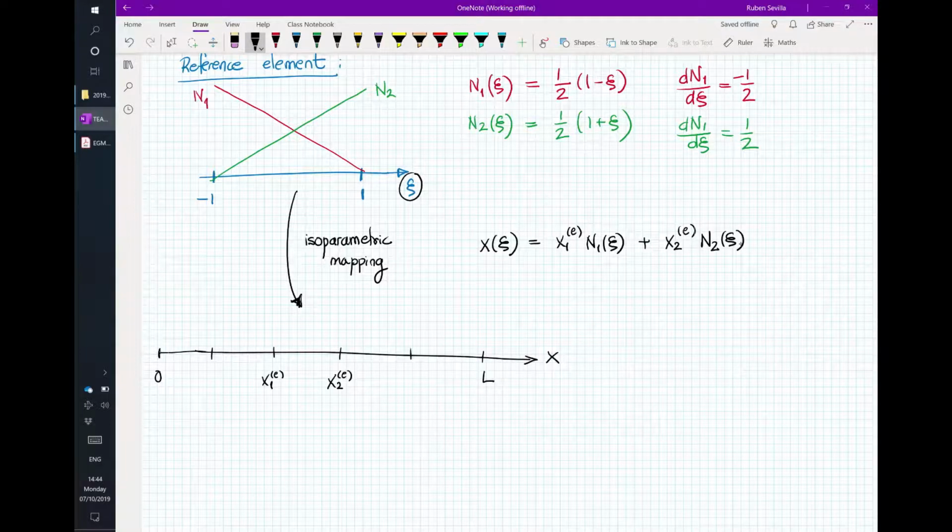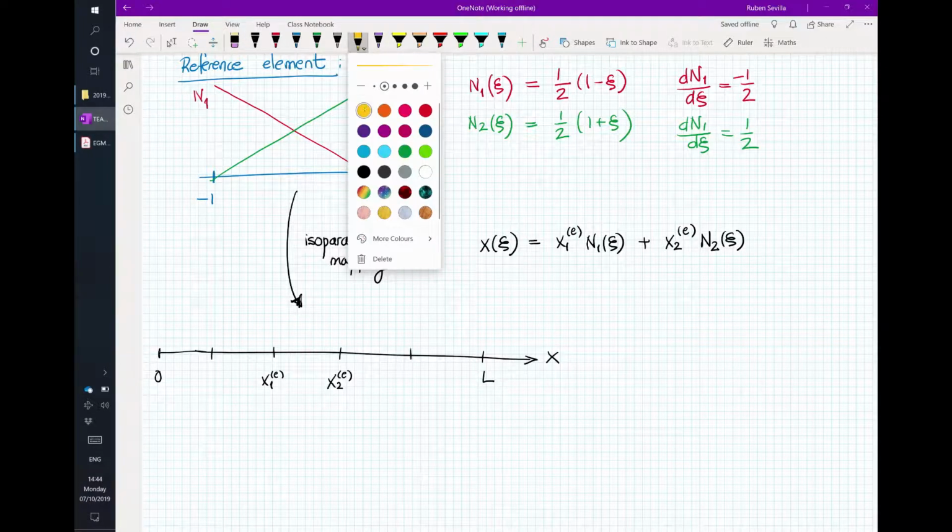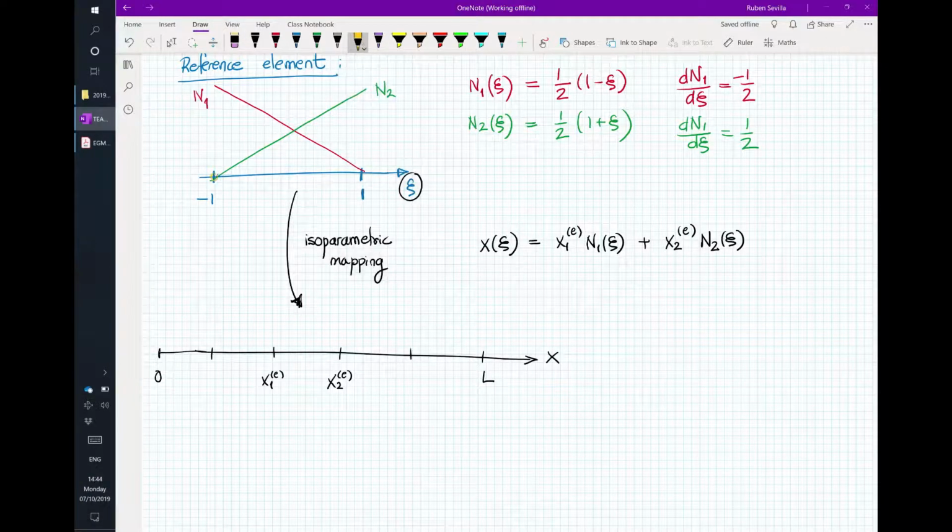Think what happens with this mapping, with this transformation or change of variables at this point. It takes this point and it transforms this point where? Where you would expect? Onto a node. Which one? Physical node. Yes. The first or the second?